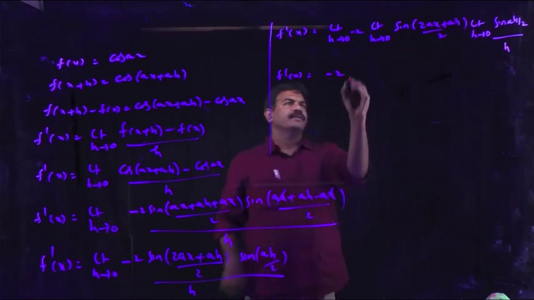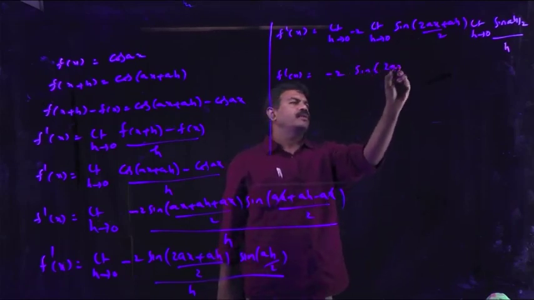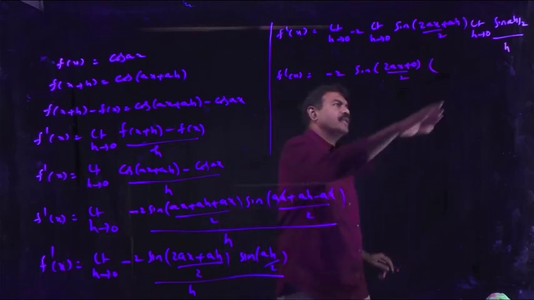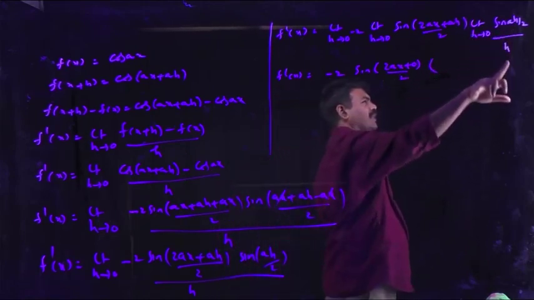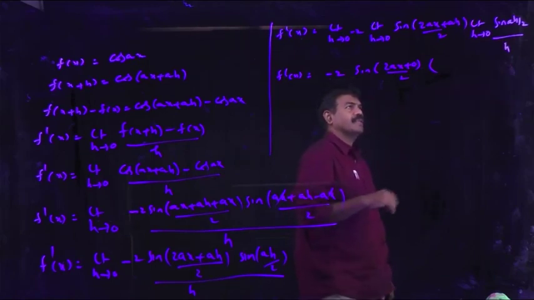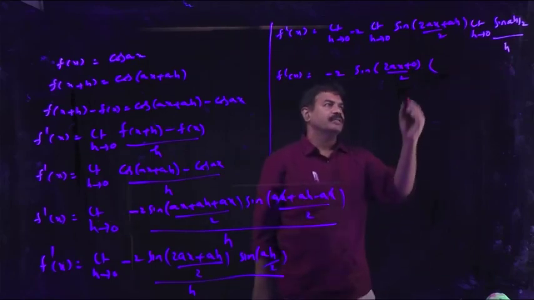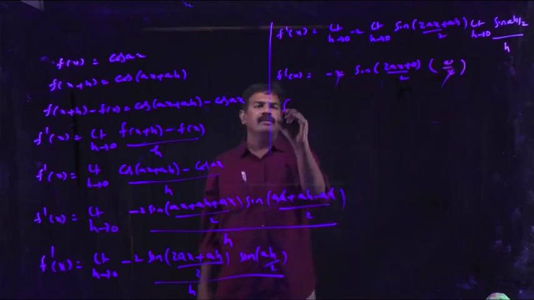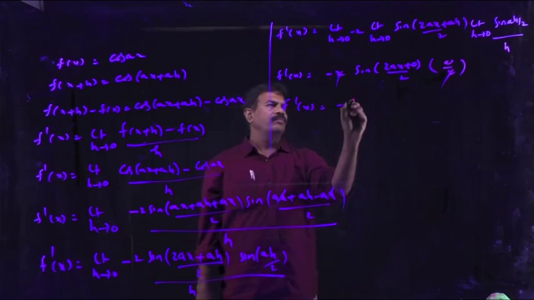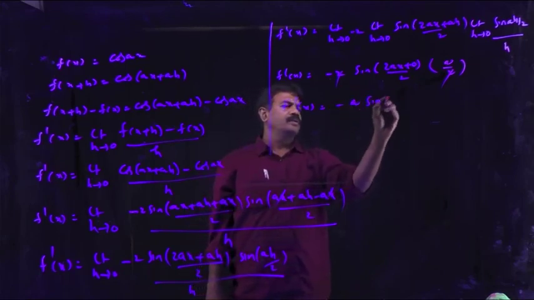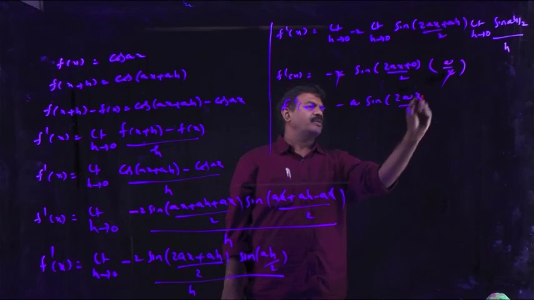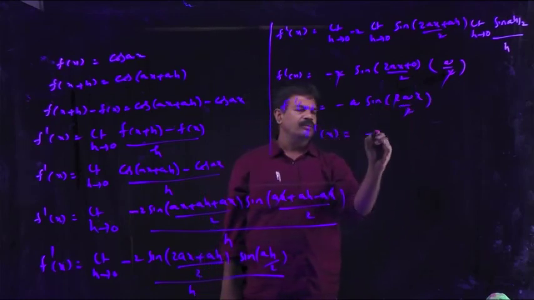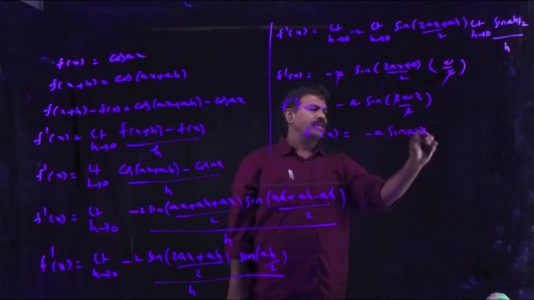Applying the limit, sin((2ax + 0)/2) into, it is already in the form of the limit as x tends to 0 of sin(ax)/x, that is, here a means a by 2, so we get a by 2. The 2 cancels. f'(x) is equal to minus a into sin(2ax/2), the 2 cancels. f'(x) is equal to minus a sin ax.